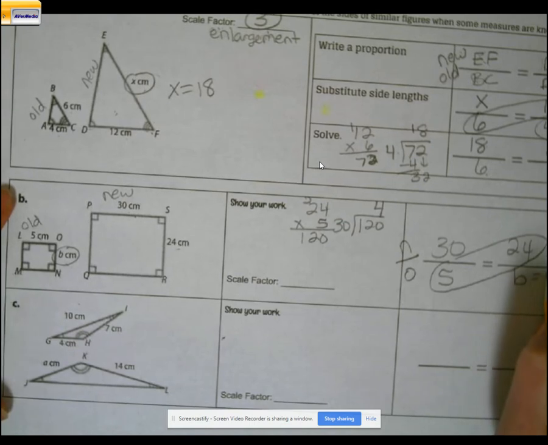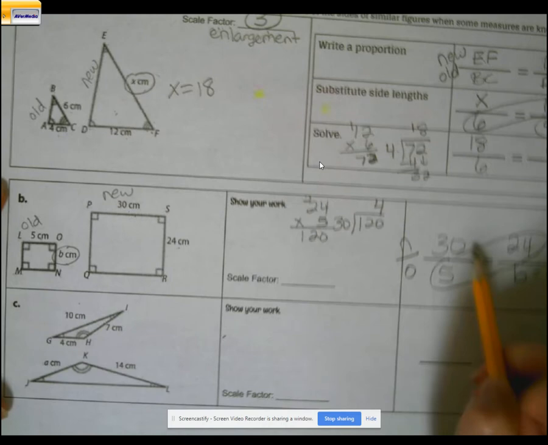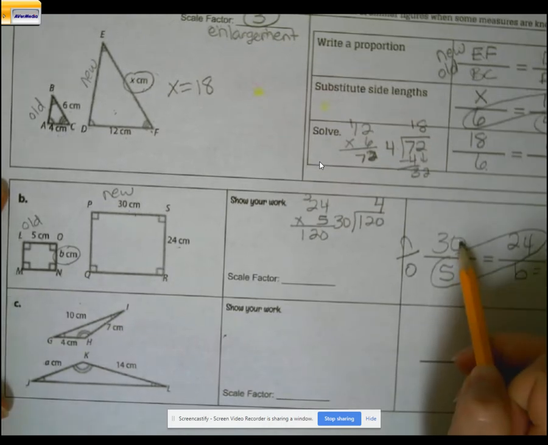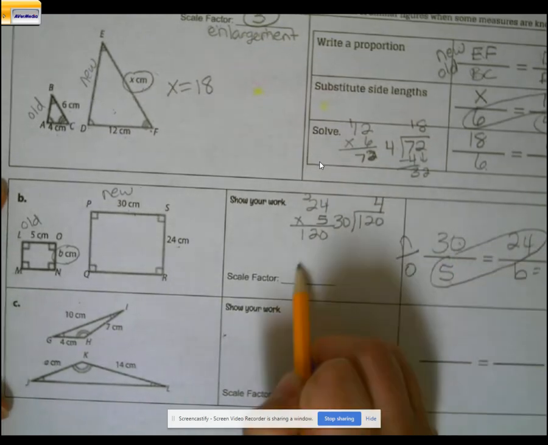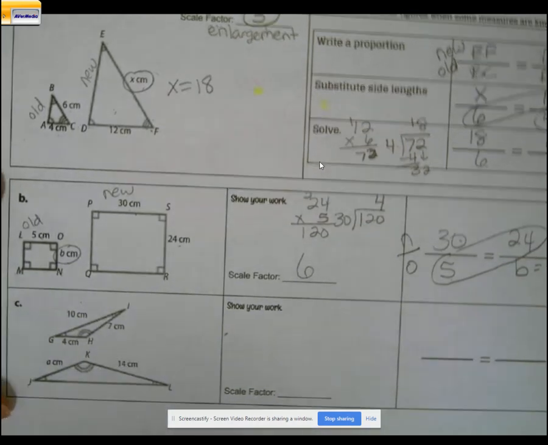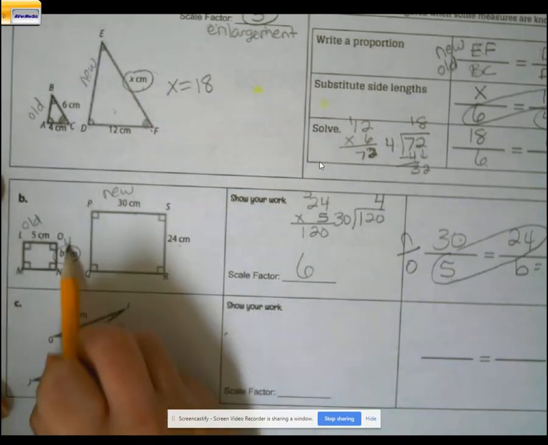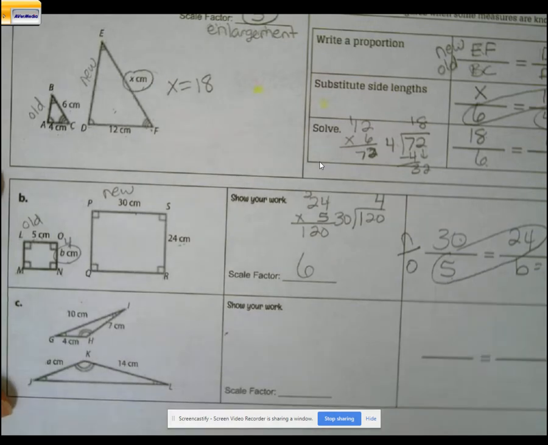So B equals 4. So now let's look at our scale factor here. New over old, 30 divided by 5. Scale factor is 6, meaning it's getting 6 times as big, which should make sense because 5 times 6 is 30. We found out that this was 4. 4 times 6 is 24.